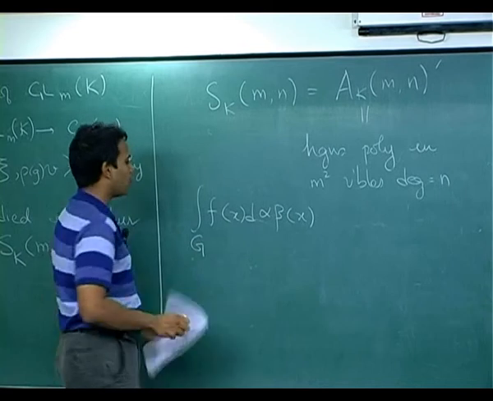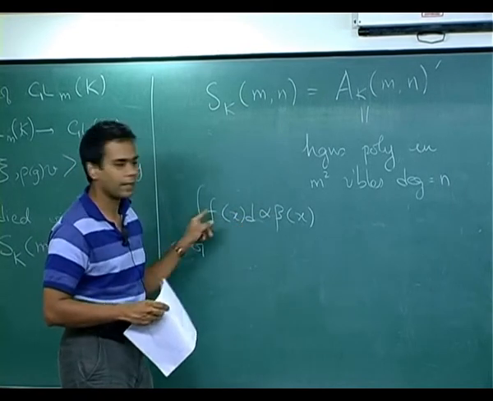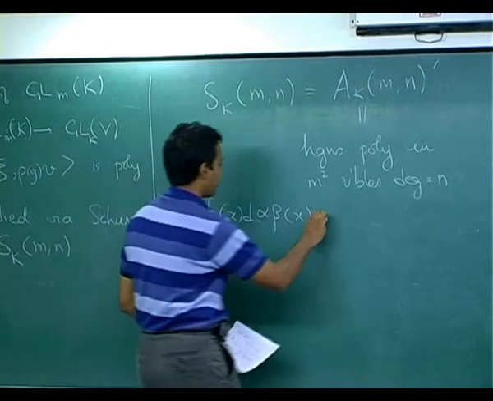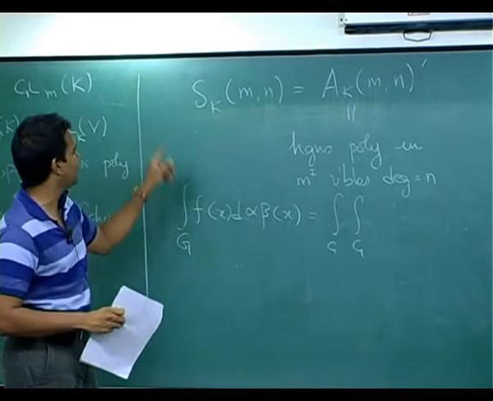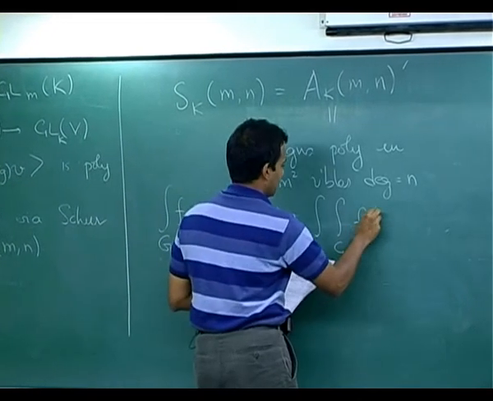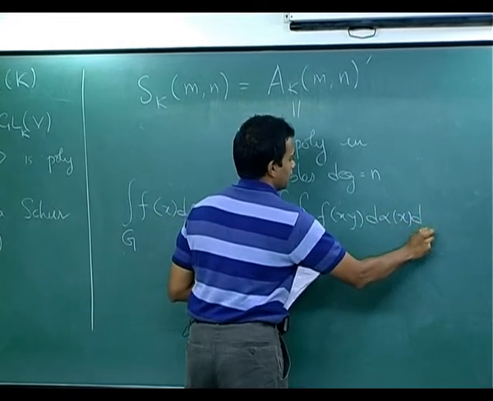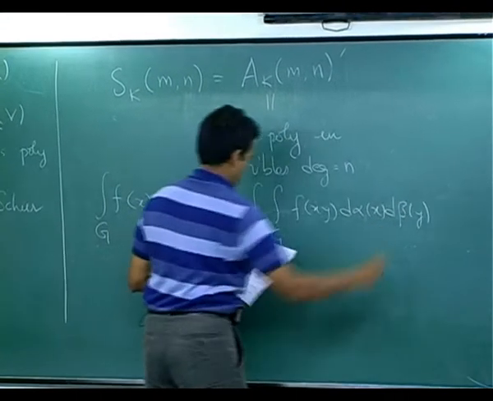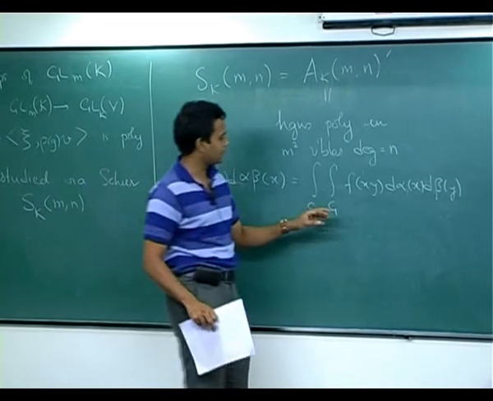So, I defined the product. I must tell you what this is in terms of the action of alpha and the action of beta, and here G is GL_m(K), and this is just by definition the integral of f(x y) d alpha(x) d beta(y), and I had explained why this makes sense.